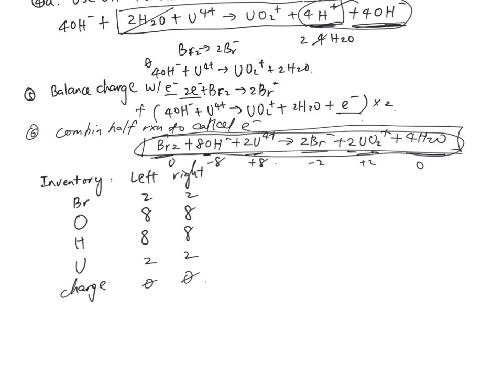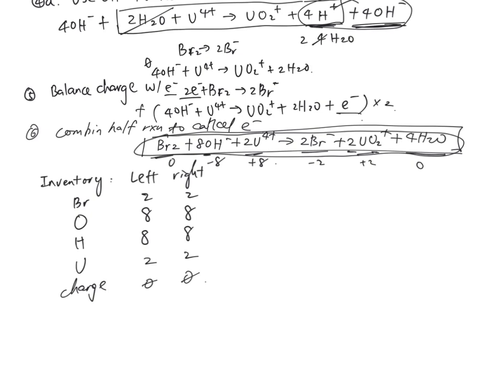Number 1 is that by breaking down a redox reaction into half reactions, you have a much better understanding of the individual oxidation and the individual reduction process. You would be able to tell who's gaining electrons, who's losing electrons.